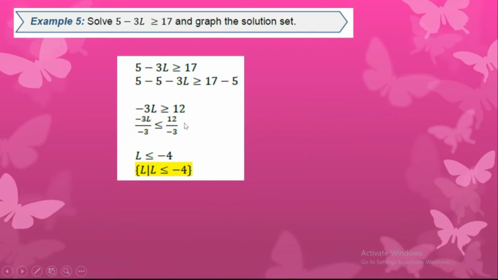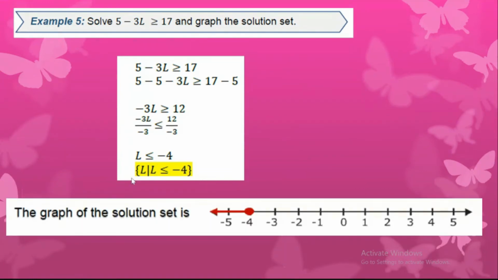Take note, for this example, we have divided both sides of the inequality by a negative number. That's why there's a need for us to change the inequality symbol from greater than or equal to, to less than or equal to. Don't forget that rule.